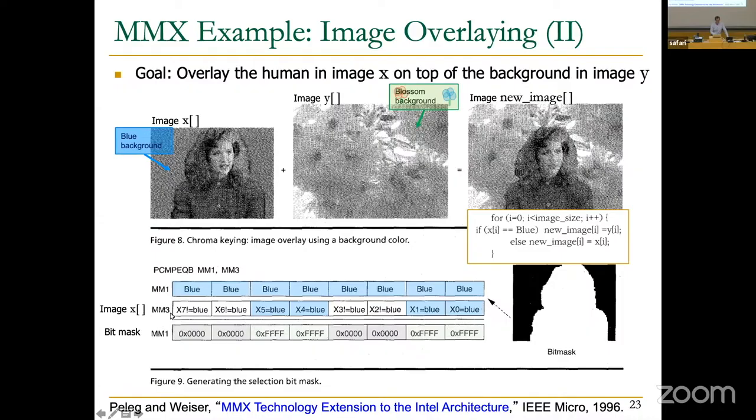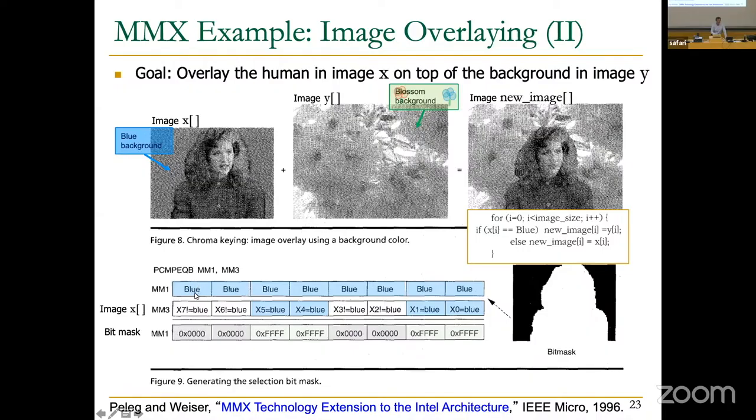And then you, basically, this is MM1. You're comparing everything, whether it's blue or not. This is basically the thing that you're going to try to mask with. And then you load 8 pixels of this image into MM3. And some of them are blue and some of them are not blue, as you can see. These are coded. And what this instruction does, it compares whether the value over here is equal to this value or not. So, and then the result is a bit mask.